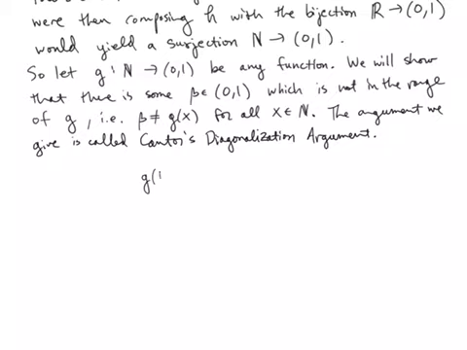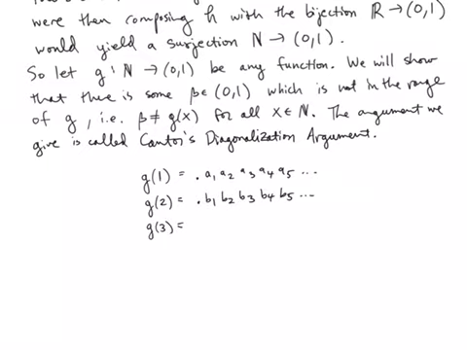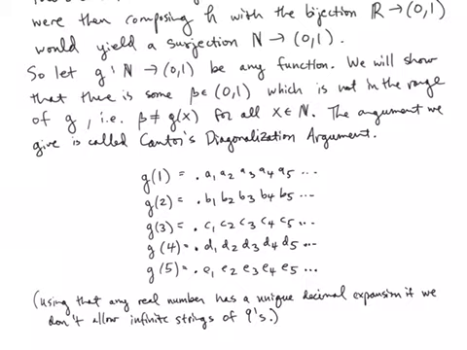We have g of 1, which is going to be equal to some real number in (0, 1). So it's going to have a decimal expansion, which looks like a1, a2, a3, a4, a5, and so on. Then g of 2 is going to be b1, b2, b3, b4, b5, and so on, and then g of 3, and I filled in the rest there.